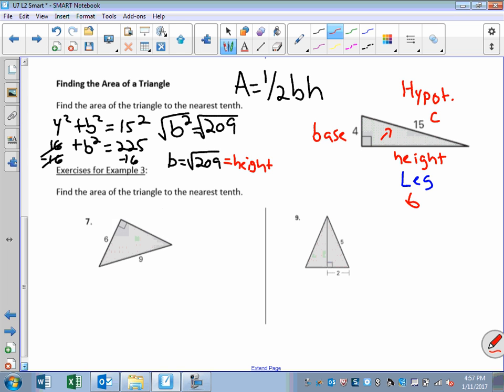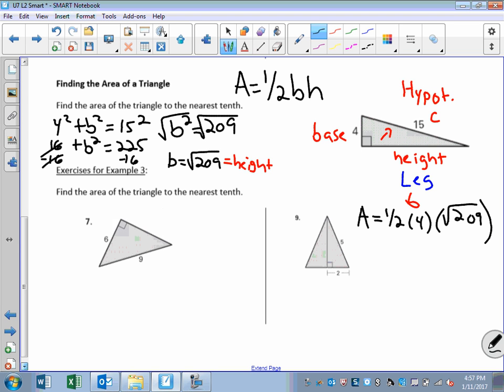Now we have 1/2 the base times the height. If we were to set that up, it would be big A equals one half times 4 times square root of 209. Now if you have a radical and a whole number, just take half of the whole number.